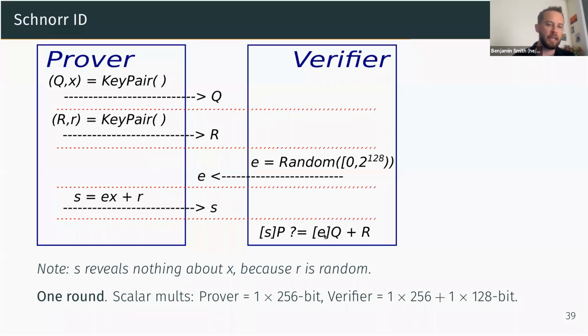Again, S is not really revealing anything about X here because R is random. This does everything in one round, but this time there's only one 256-bit scalar multiplication for the prover. The verifier has to multiply up S, which is a 256-bit value, and they've also got a 128-bit E that they're going to have to multiply up here.